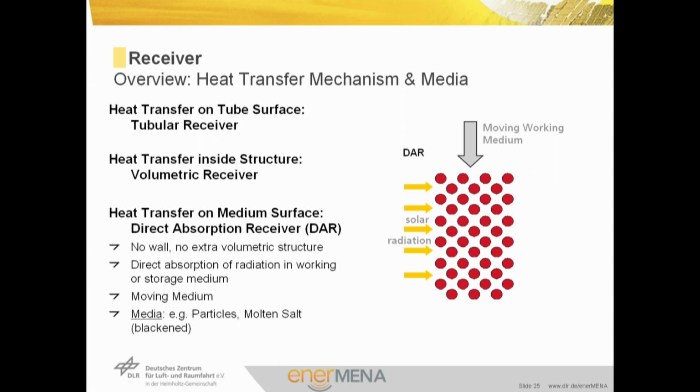These are the so-called direct absorption receivers, DAR. The advantage is that we don't have any wall and no extra volumetric structure. We may use the working medium directly as storage medium.